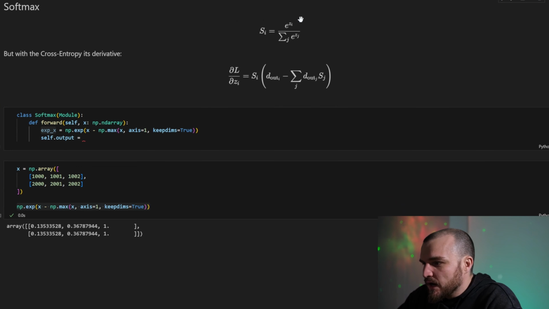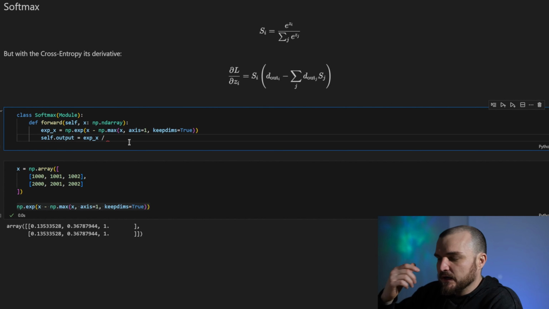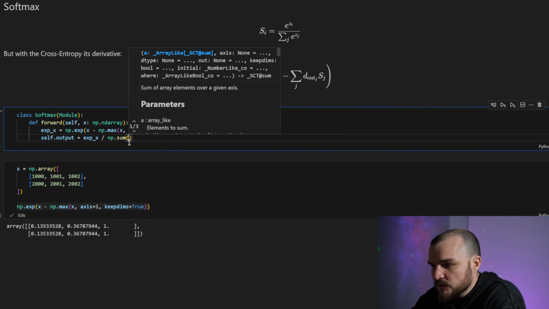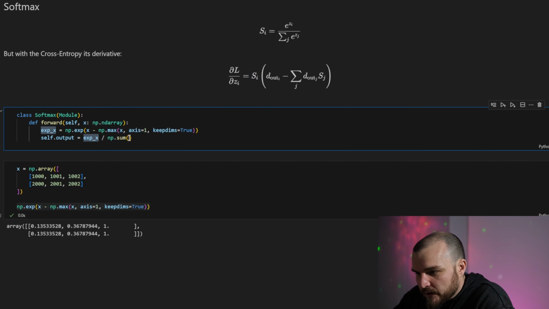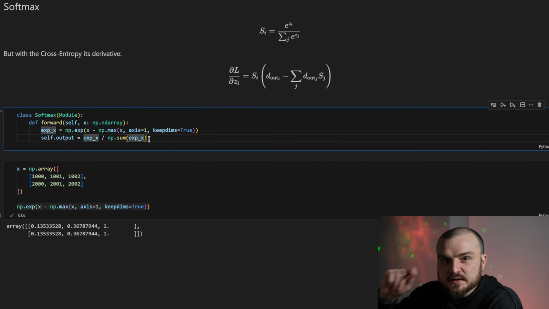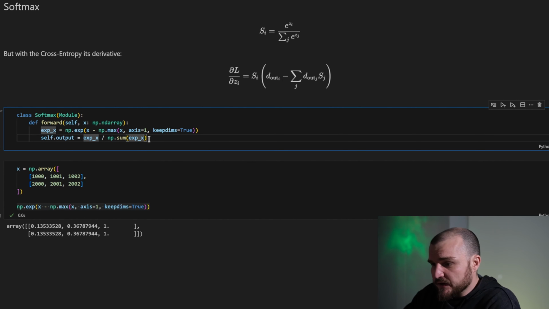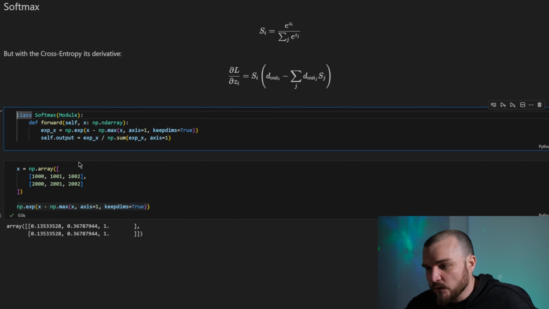Now we need to define self.output. As far as I remember, in the numerator we have this exponent x, and we need to divide this exponent x by the sum. So we call numpy.sum of the exponent x, and we sum up every row in our matrix, using axis 1 in the same way as before.